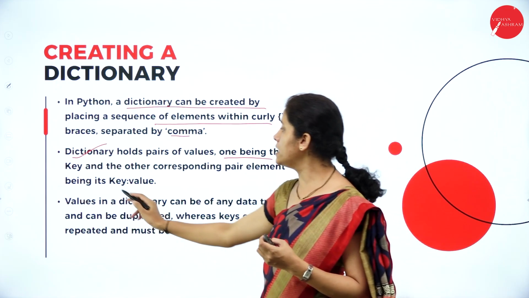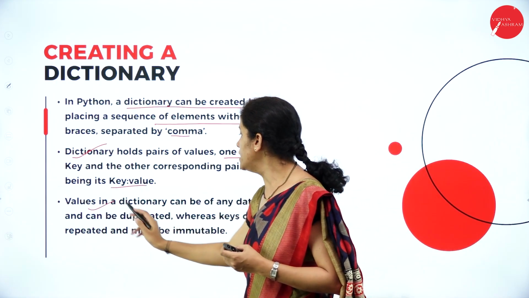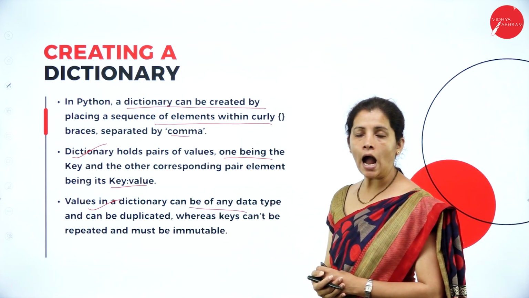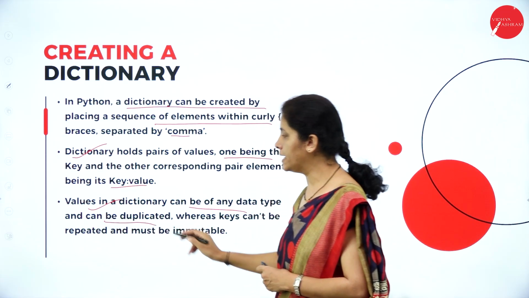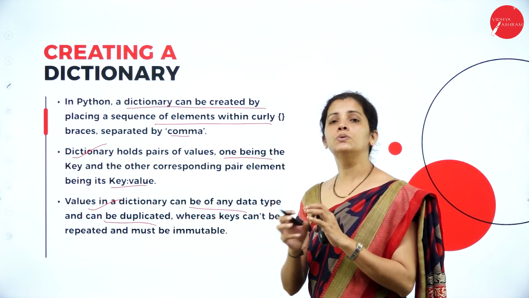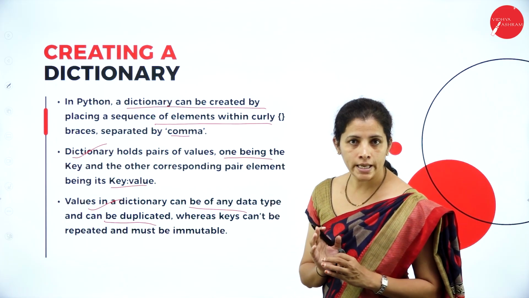So, it is key colon value. A value in a dictionary can be of any data type and can be duplicated. So, while entering a value, I can use any data type. Along with that, I can have duplicate entries.